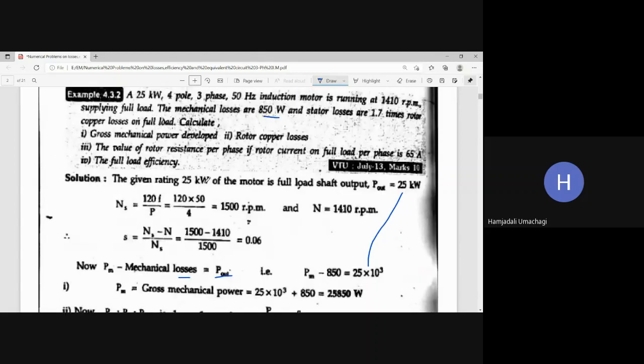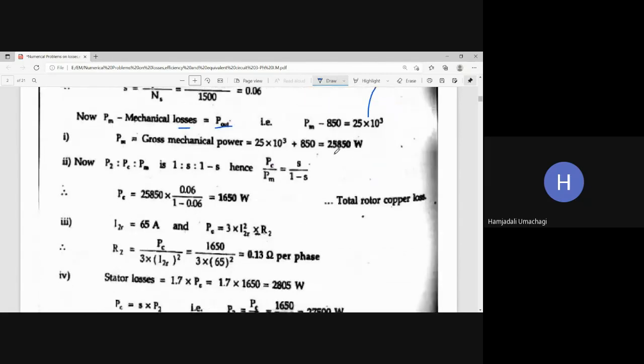Then we should calculate the third parameter, the value of the rotor resistance per phase. The rotor current on full load is 65 ampere per phase, so we calculate R2, the rotor resistance. I2R is 65 ampere, and the total copper loss of the three-phase induction motor is 3 into I2R square into R2.